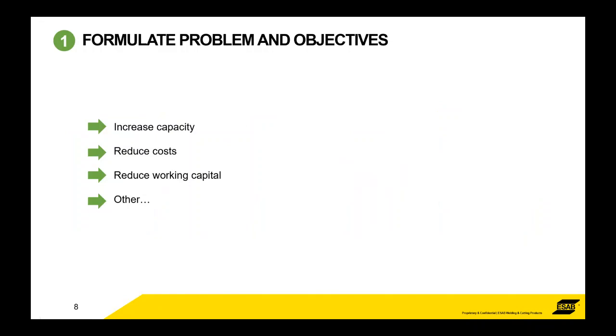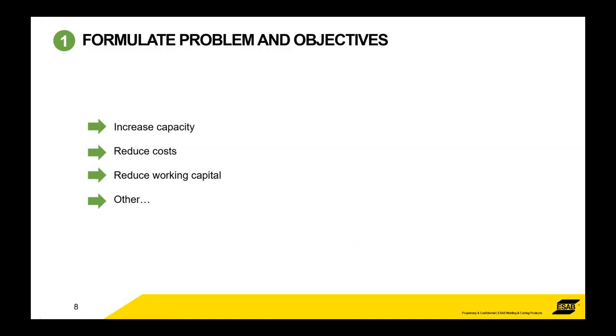So the first step is to formulate the problem that you have and the objectives or purpose of this initiative. So what do you want to do? Do you want to increase your capacity, reduce production or product cost or project cost for that sake, or reduce working capital, or other things that you want to address?